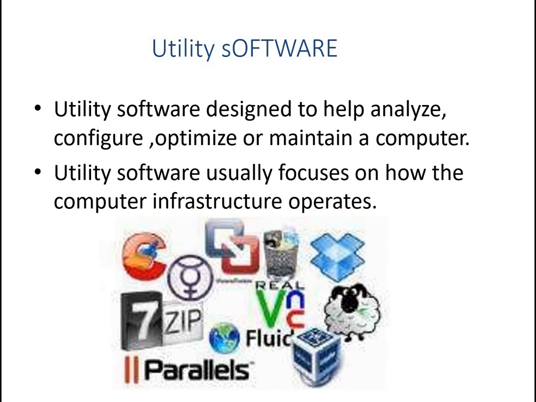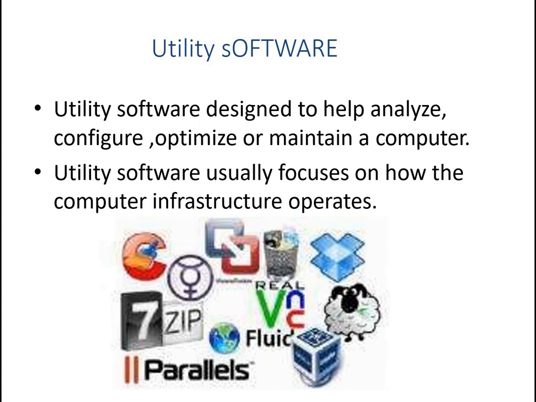Okay. Next is utility software. Utility software is designed to help analyze, configure, optimize or maintain a computer. So utility, as the name suggests, is something which will make sure all the utility functions, all the functions in your computers, are working properly.